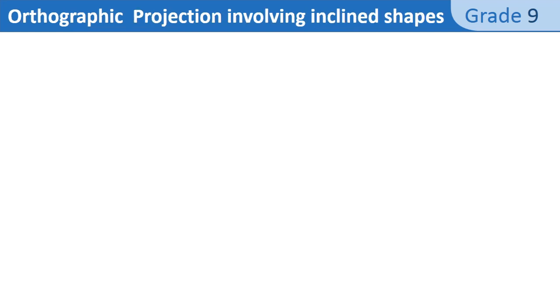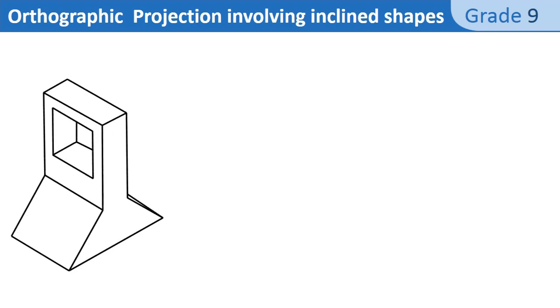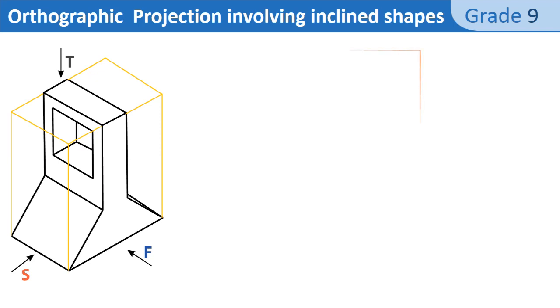Let's see another example where we will see an inclined shape and a hole in the form of a square. Like I have just done for the previous isometric block, I draw the three grids first for the front, top, and side view.